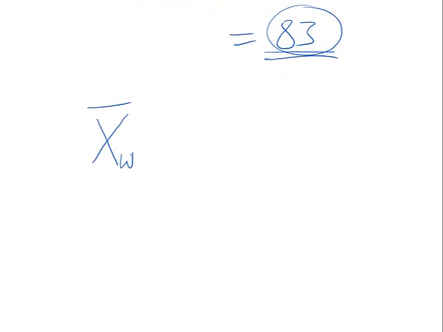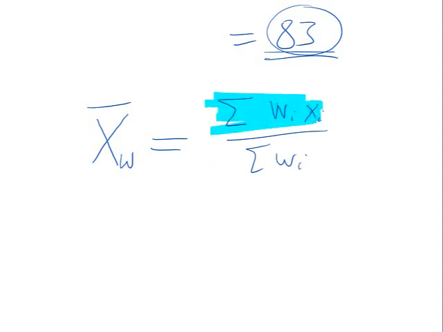The formula is given by summation of wi xi divided by summation of wi, where the numerator is obtained by multiplying each value xi by its weight wi, and then adding the products.